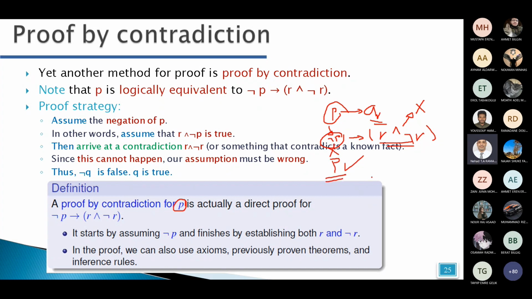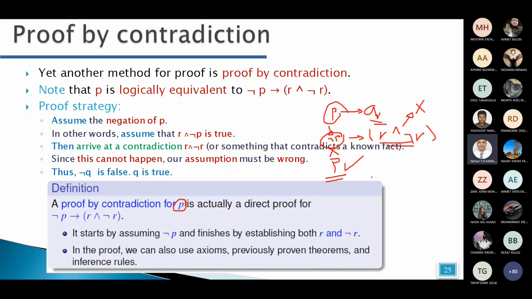So this is the meaning of contradiction. Two things conflict, we have a contradiction, something impossible to happen. So we start from the opposite of our assumption and reach something impossible. This means the opposite of our assumption is not correct.